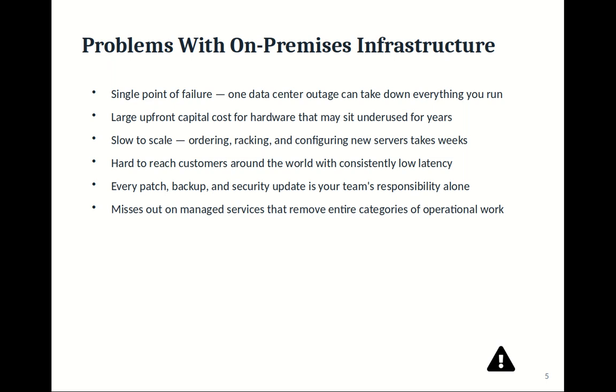Hard to reach customers around the world with consistently low latency. Every patch, backup, and security update is your team's responsibility alone. Misses out on managed services that remove entire categories of operational work.